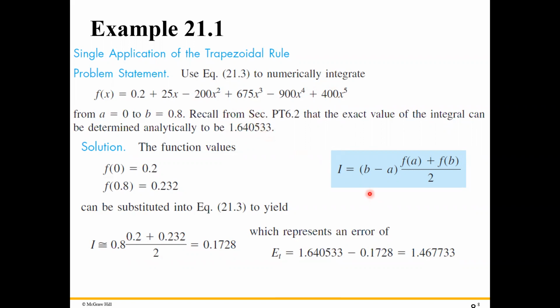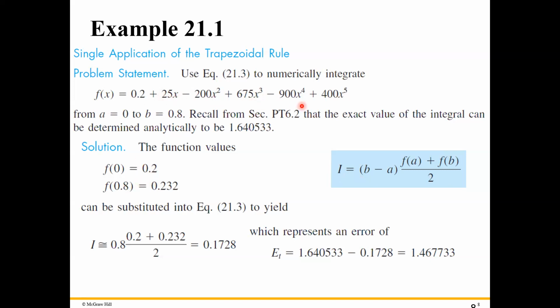For the trapezoidal rule, we have this formula: I is equal to (b minus a) times (f(a) plus f(b)) over 2. Here, the value of a is 0 and the value of b is 0.8. We calculate the function at 0; of course, all the terms will be 0, and the only term remaining will be 0.2.